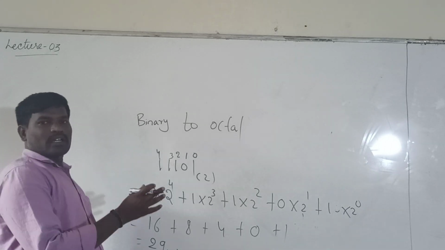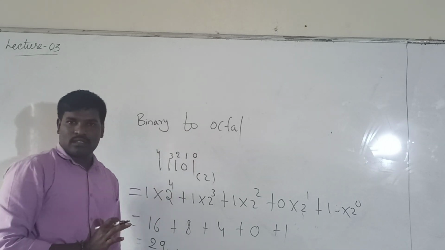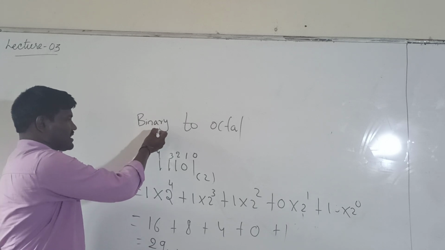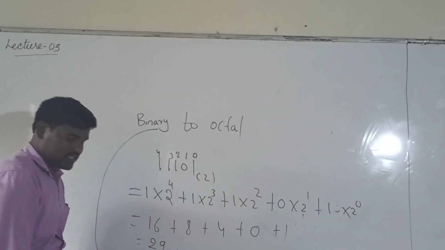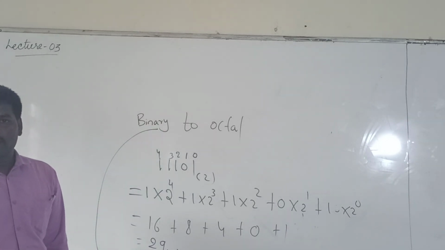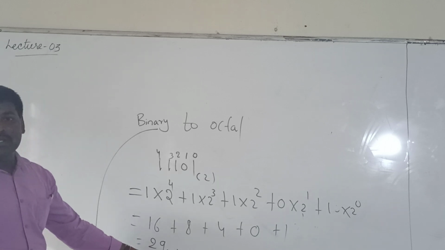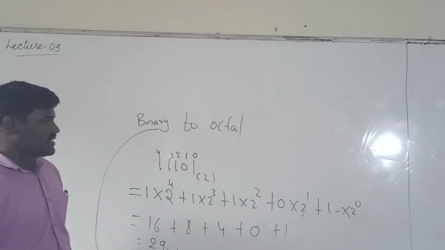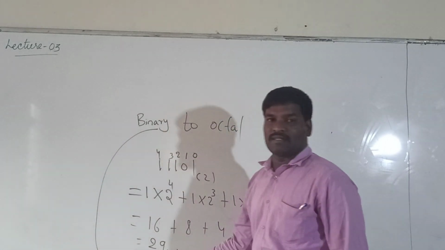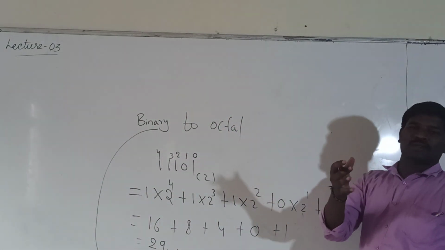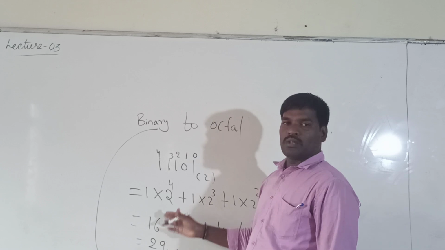This means if you want to convert from binary to octal, first the binary is converted to the decimal number system. After finding the decimal number, next you can convert this decimal to octal. You already know how to convert decimal to octal.